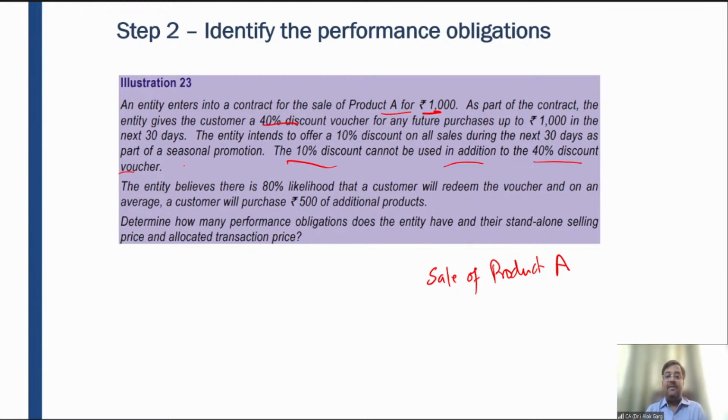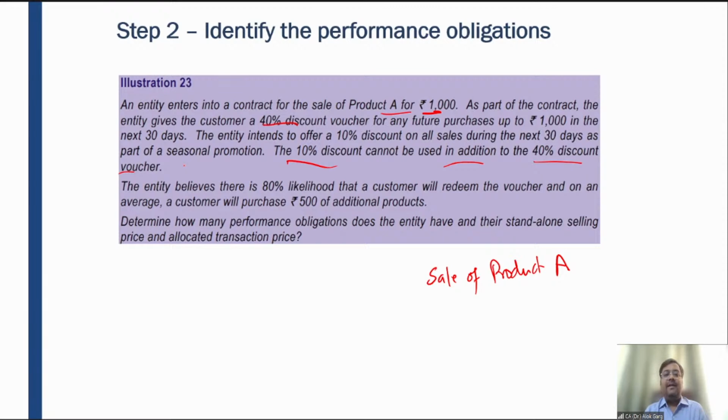The entity believes there is an 80% likelihood that a customer will redeem the voucher, and on average, a customer will purchase 500 of additional products. Again, you remember in Ind AS 8, I have talked about accounting policy and accounting estimate. So recognizing the revenue on the basis of best estimate is a policy, but measuring the best estimate is an estimate.